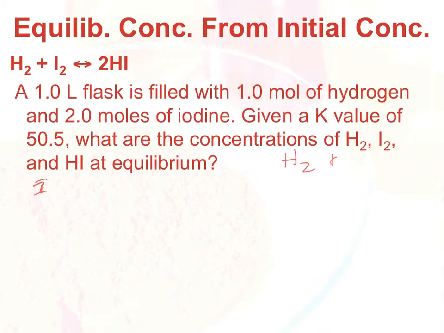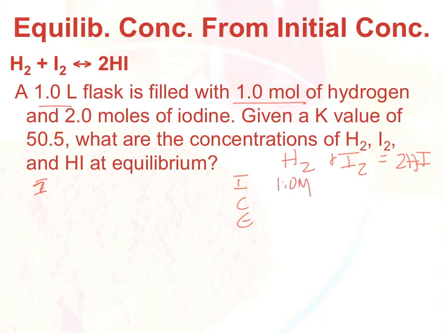So H2 plus I2 gives you 2HI. Okay, and then go ahead and write that out here. Our initial concentrations, we've been given these values with respect to moles of each of the gases in a 1 liter flask. So our first reactant's concentration is 1 mole divided by 1 liter, which is going to give us a concentration of 1.0 molar.